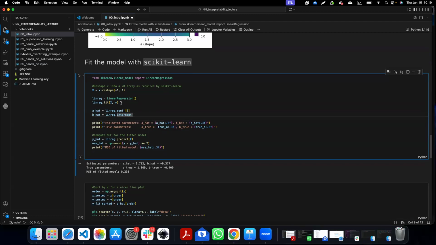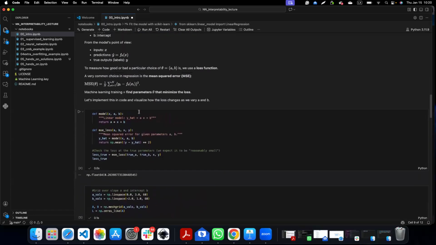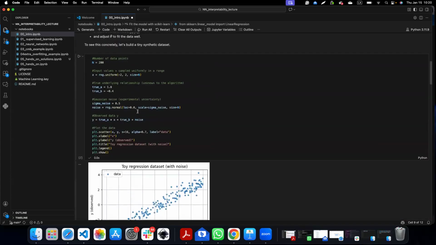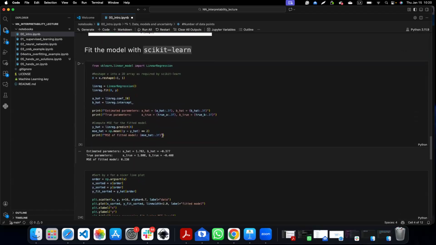We make a fit with X, which is just some input values. We're just creating some vector. So we go again. And the idea is that we're going to find new values for A and B, which are going to be our fit values.